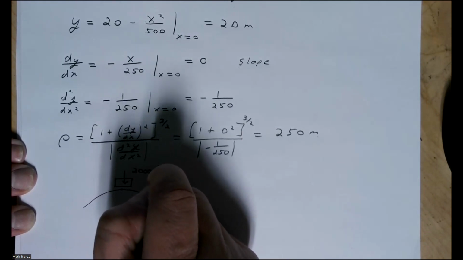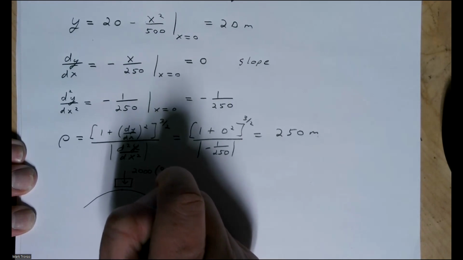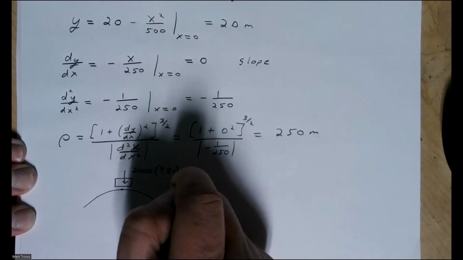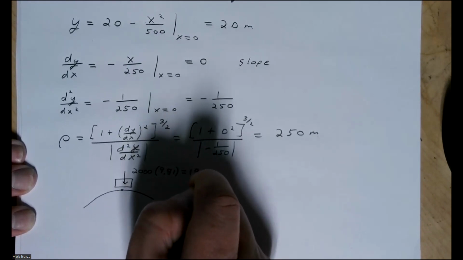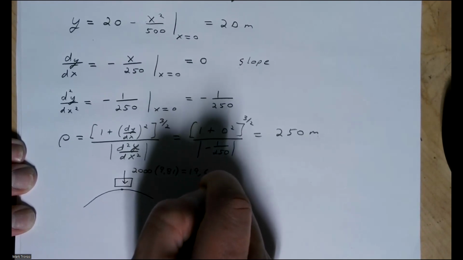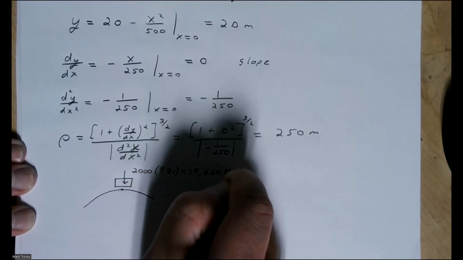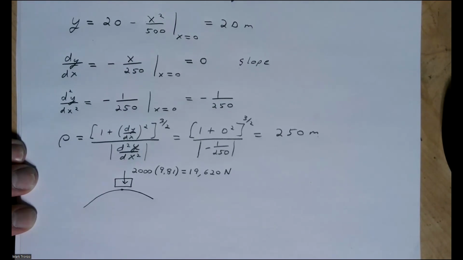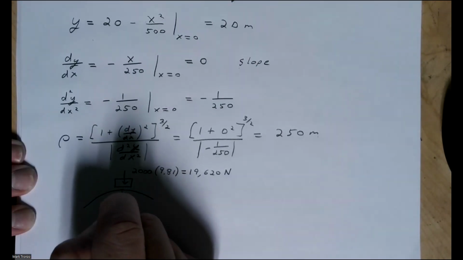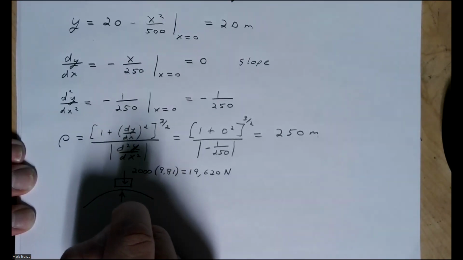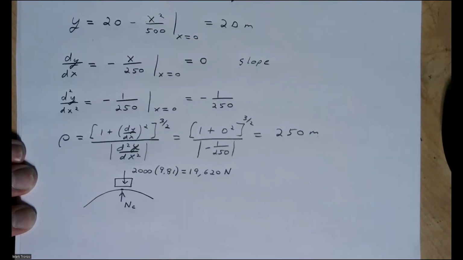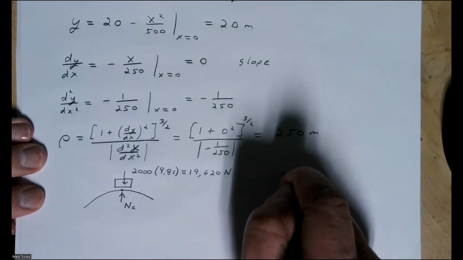So the force down is going to be 2,000 times 9.81, and that's going to be 19,620 newtons. And then the normal will be up this way. And of course, yes, the normal is going to be in that direction. So let's sum the forces in the normal direction.